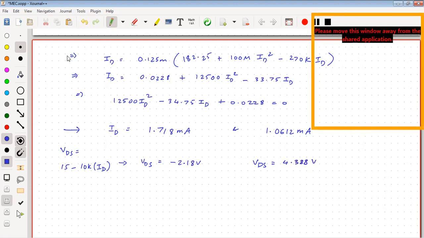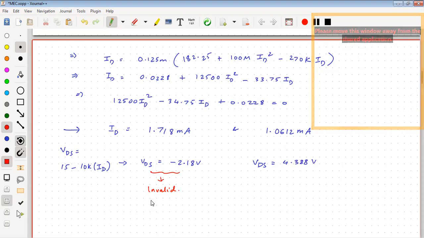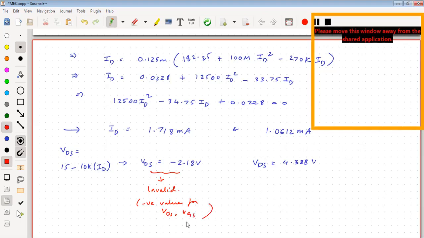So obviously this one is invalid. This is invalid because you can't have a negative VDS value, right? And in this case, VDS and VGS are same. So you can't have a negative value for VDS or VGS. Right. So here the correct value is this.